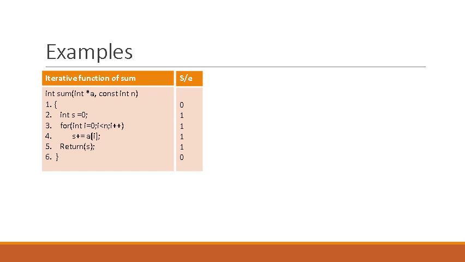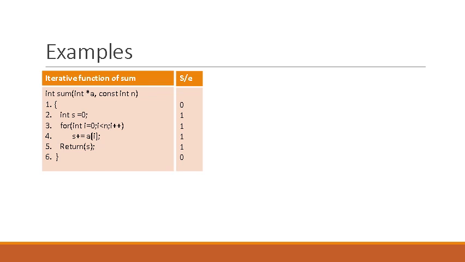Now int s equals 0. This is an assignment statement, and for an assignment statement its step execution is 1. Then for i equals 0, i less than n, and i plus plus.